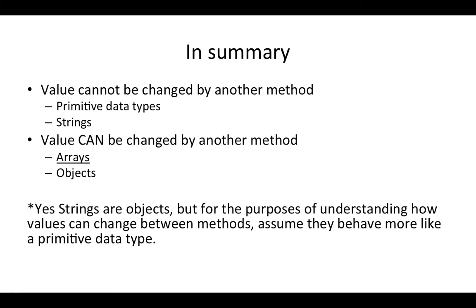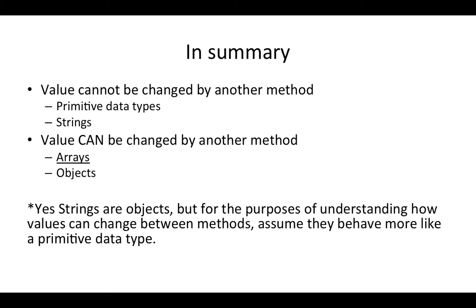All right, so values that cannot be changed by another method are primitive data types, and if you did the experiment from the last slide, strings. The reason for this is complex. We're going to really be spending the next 4 months to get this right, but what you want to know is primitive data types are passed by value.